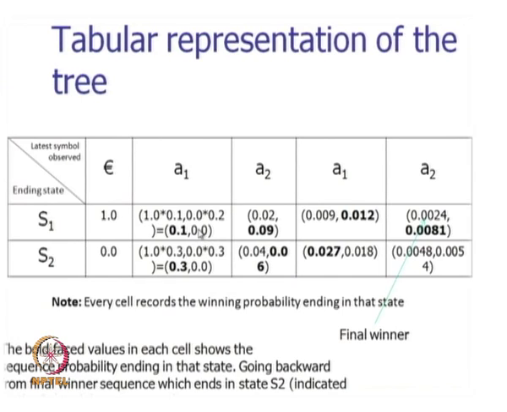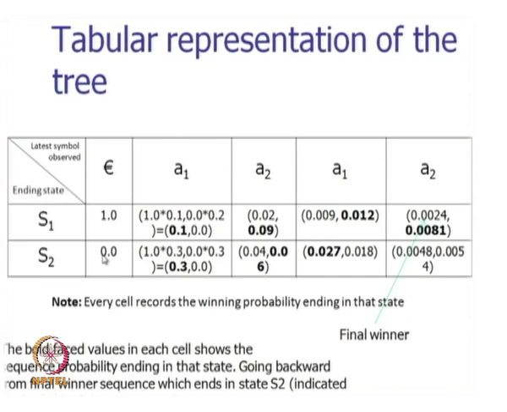This tuple is the record of all the accumulated probability of sequences ending in that particular state. The sequences which can end in state S1 are 2 in number, coming from a previous S1 or a previous S2. So, the probabilities of those sequences are 1.0 into 0.1 and 0.0 into 0.2.